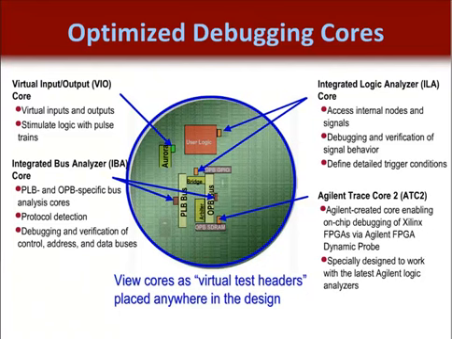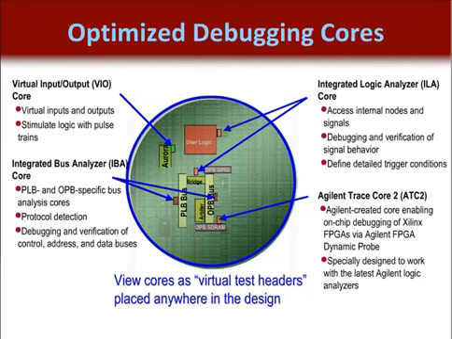The IBA core allows the designer to analyze PLB and OPB bus signals and offers protocol detection, which is necessary since embedded designers are often testing their custom peripherals using ChipScope. ChipScope makes it easy to sample the most commonly sampled signals on these buses, such as control, address, and data signals associated with these buses.